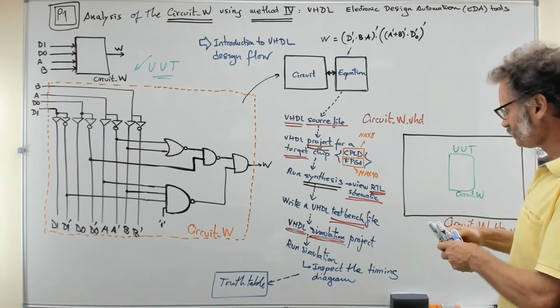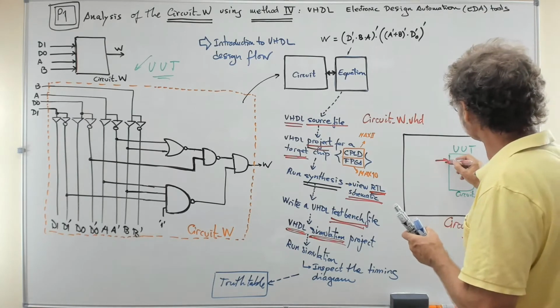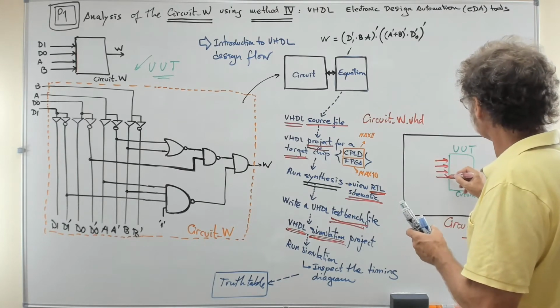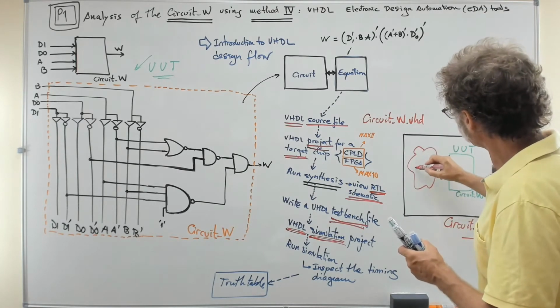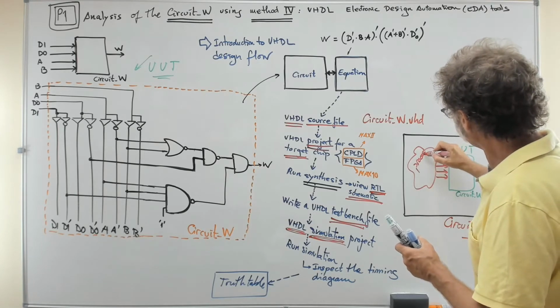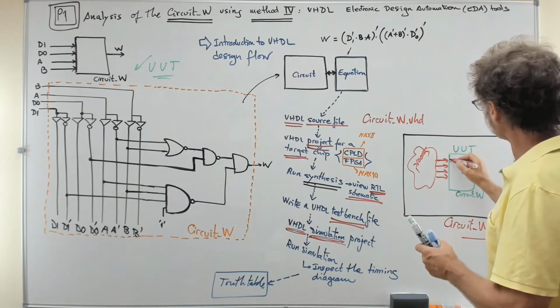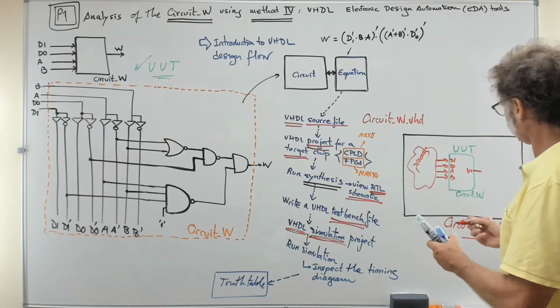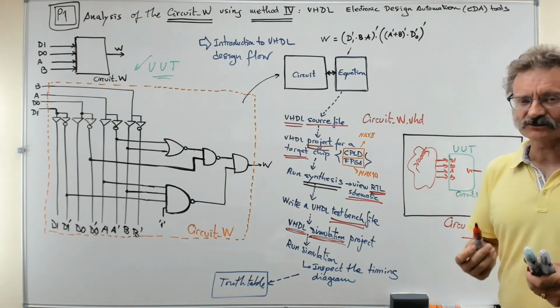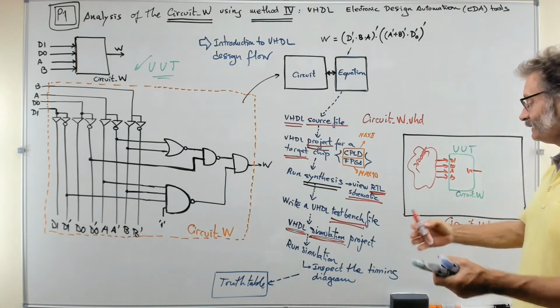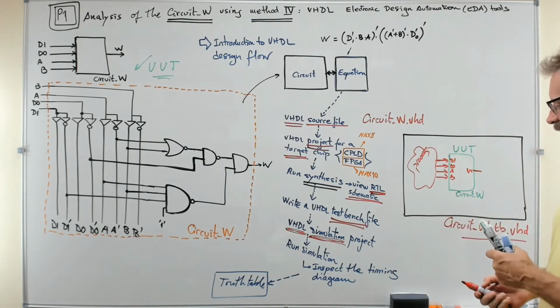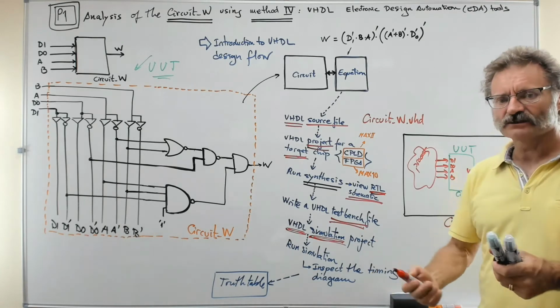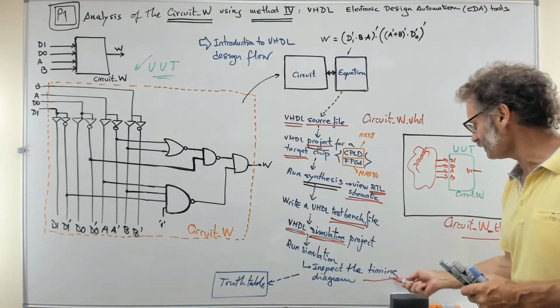In which way? Well, considering some signals, and the signals are going to be connected to a given process to stimulate the inputs, D1, D0, A and B, and so the simulator will extract the output in time, right? That is the point. The simulator is going to generate the timing diagram.